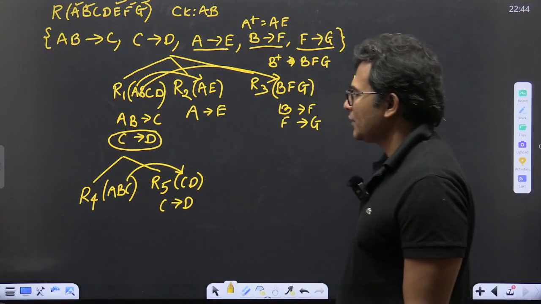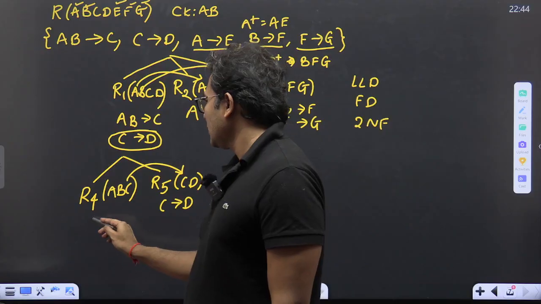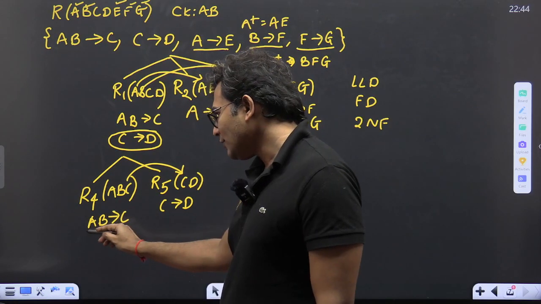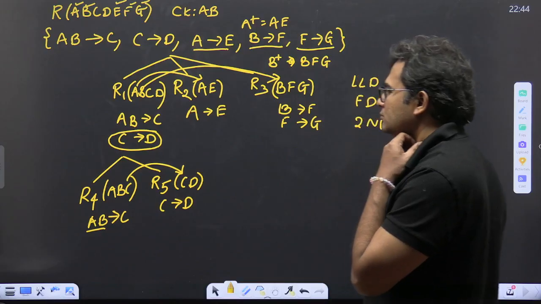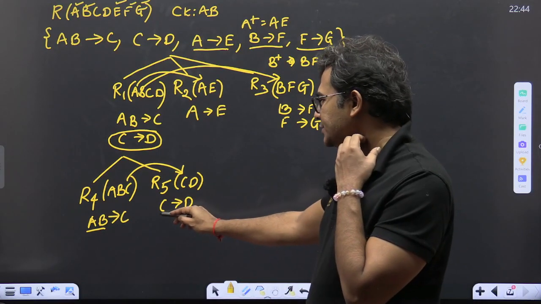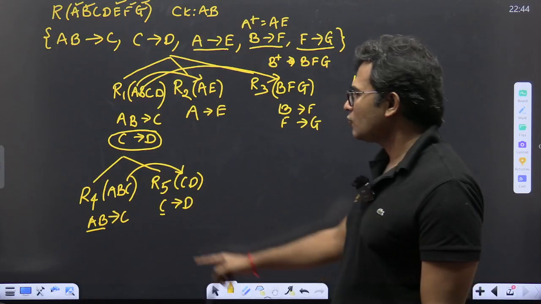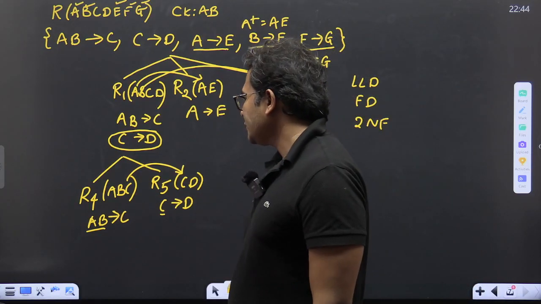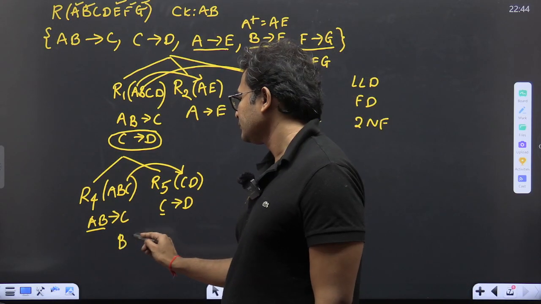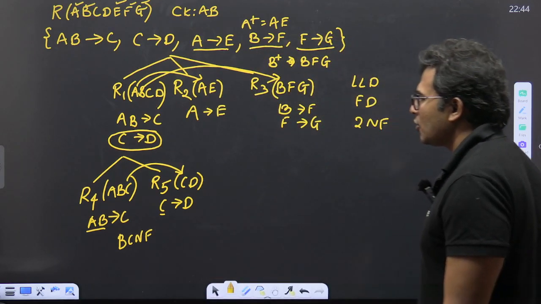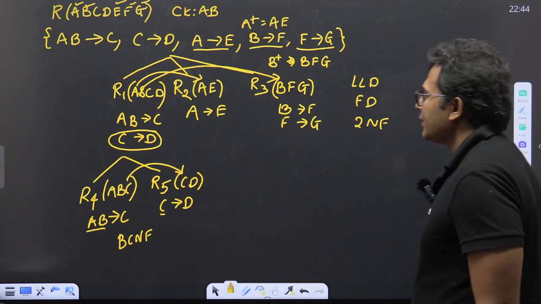Now what is the functional dependency for R4? AB determines C. Now left hand side is a candidate key. Here also left hand side is a candidate key. Therefore, we can say that R4 and R5 are in BCNF, directly BCNF. They are also in third normal form, but directly we can say BCNF.